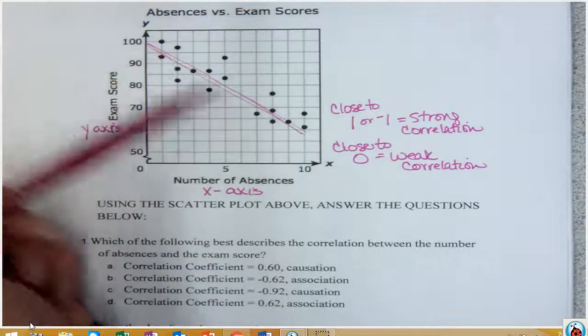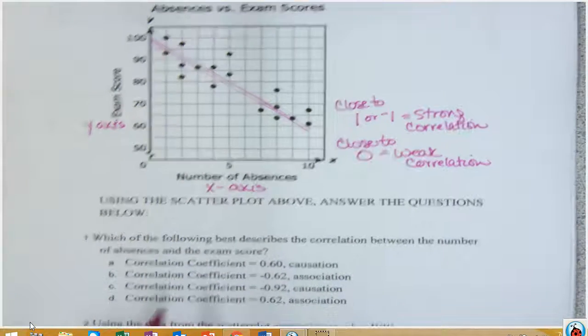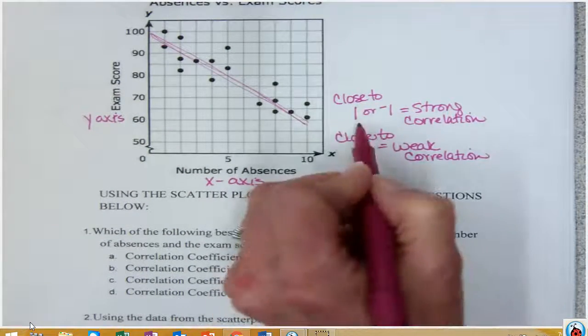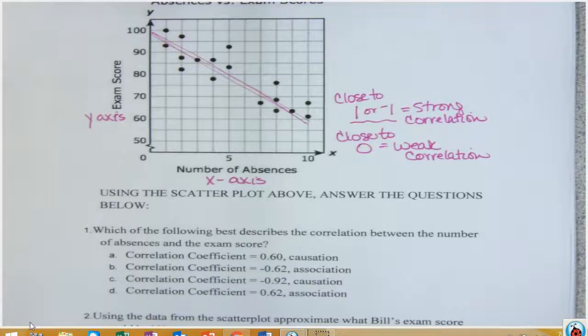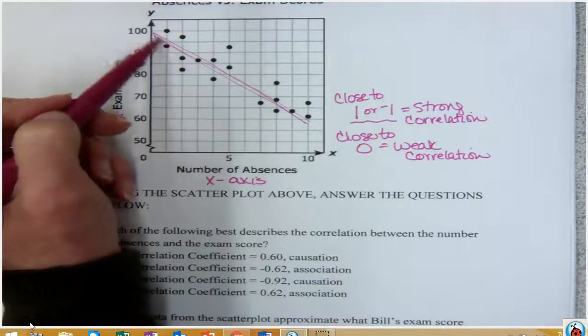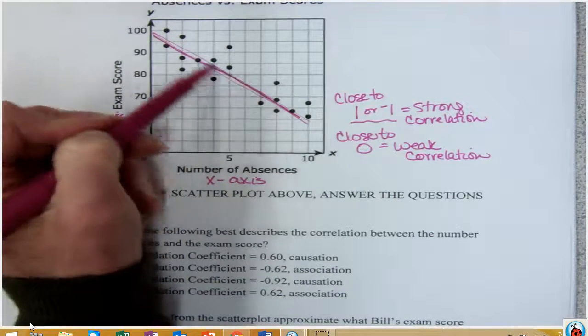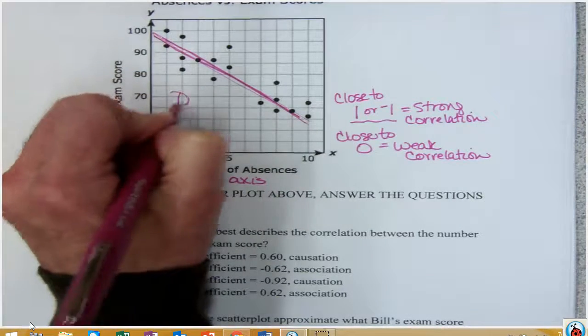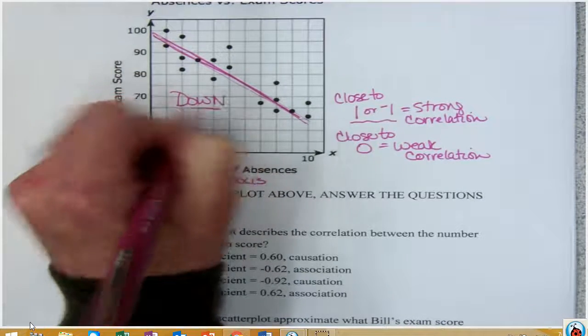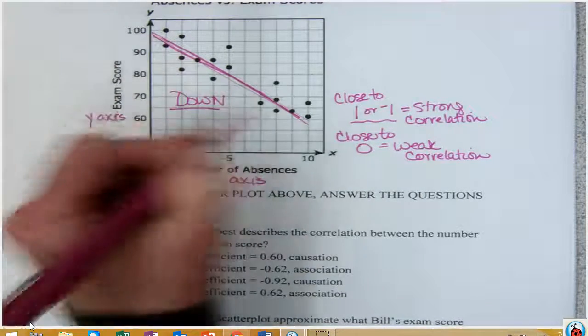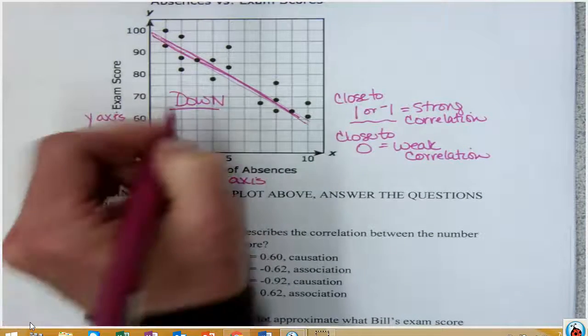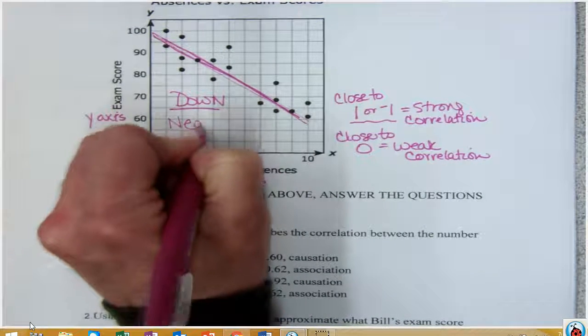So we know that it's going to be close to 1 or -1. Another thing that we see is that it is a negative slope. The slope is going down, starting up and going down from left to right. So this is going to be a negative.